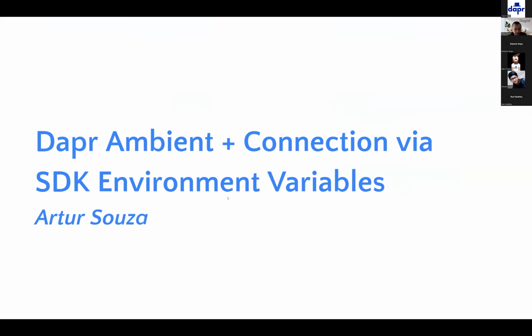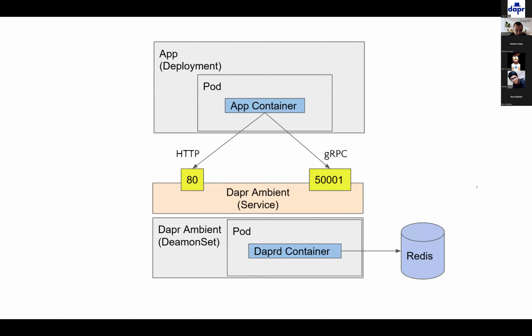Okay, so thanks, Nimira. We're going to talk about the new environment variables that SDKs in Dapr are going to have, and also how that plays really well with Dapr Ambient. Dapr Ambient basically deploys Dapr as a shared service in a cluster instead of a sidecar.